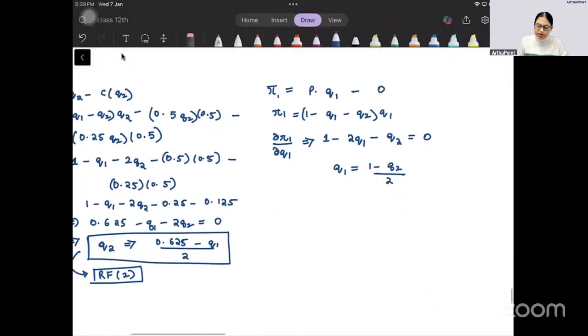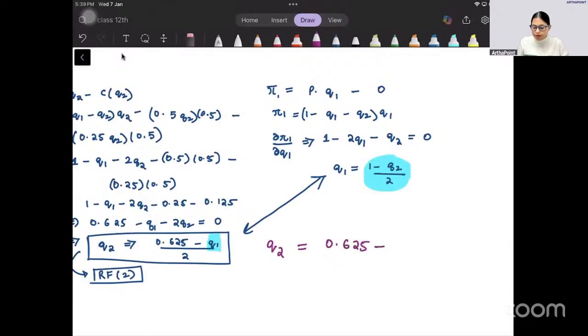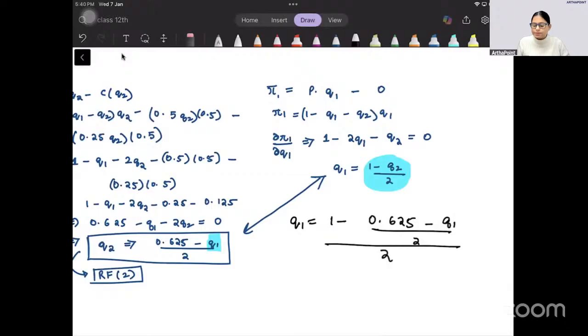Solve these two simultaneously. Put one in the other equation and solve. So put Q2 equal to (0.625 minus Q1) by 2 here, so that you get Q1 directly. We will have Q1 is equal to (1 minus (0.625 minus Q1) by 2) by 2.